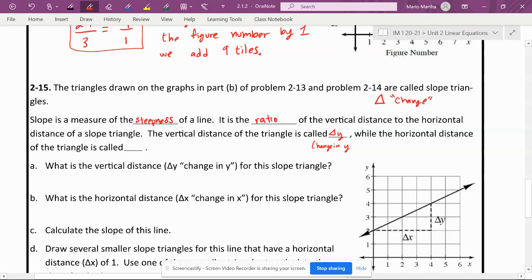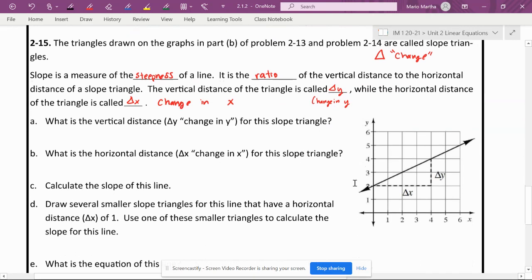While the horizontal distance of the triangle, meaning left to right, those are our x values, so we call it delta x. That one is called the change in x. So again, what is the vertical distance, delta y, the change in y for this slope triangle?